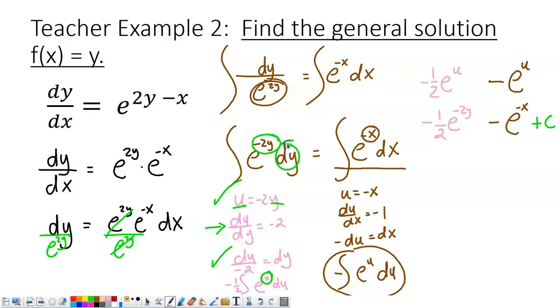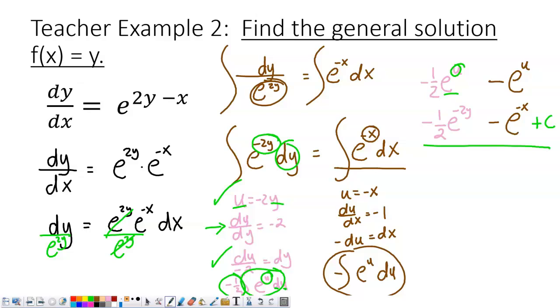We replace the dy with du over negative 2, but instead of putting the over negative 2 here, I just took the over negative 2 on the outside and wrote it as a negative half. And then after that we integrate, and the integral of e to the u is just e to the u, so we have negative half e to the u, and then we replace the u with negative 2y. So here's my end of step 2 there. We've integrated.